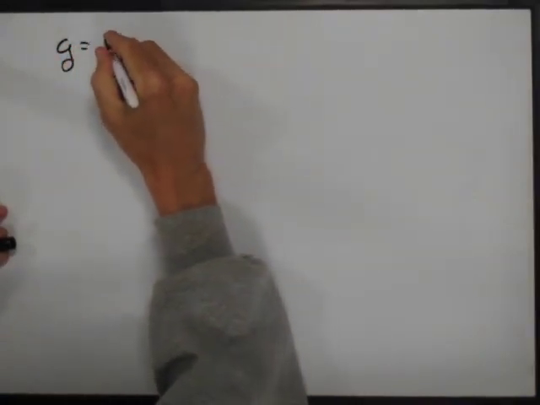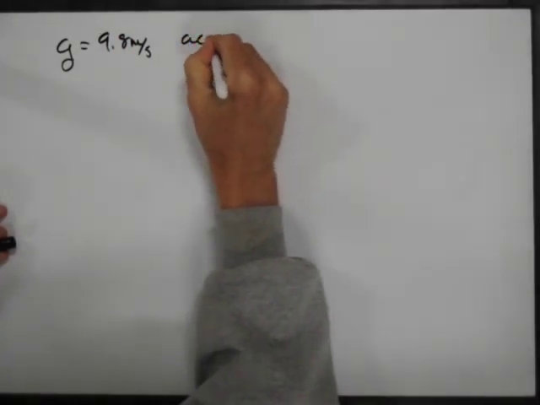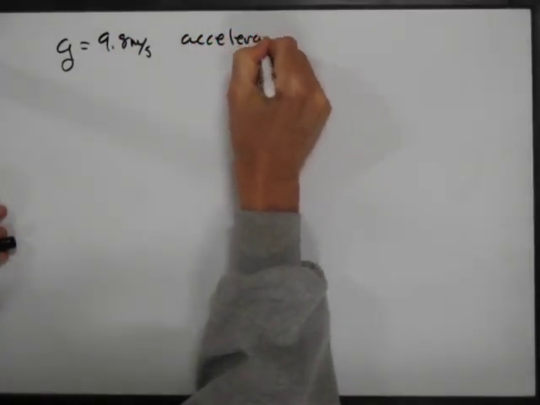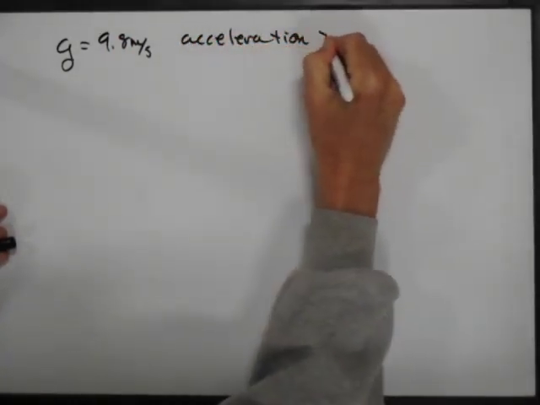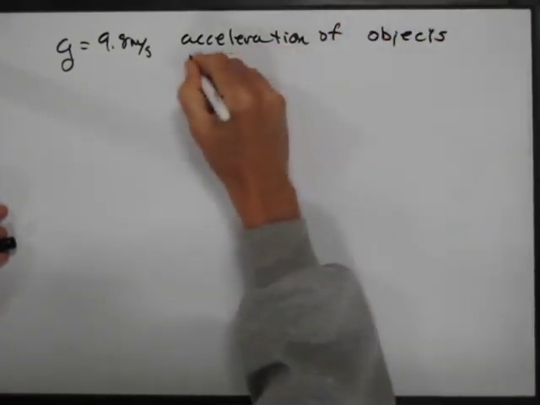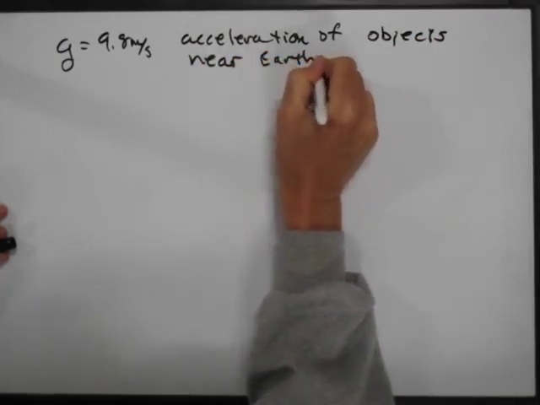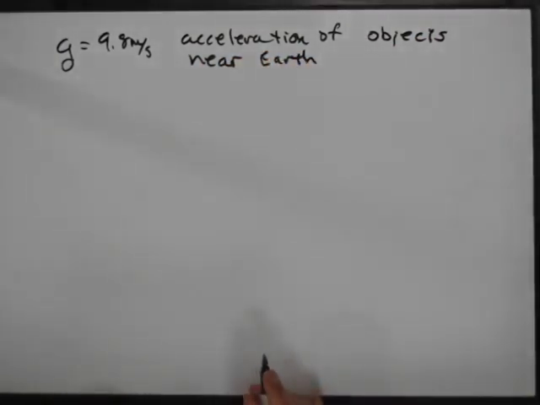So Newton knew that the acceleration of gravity on Earth is 9.8 meters per second squared. This is the story you've probably heard about, the apple.